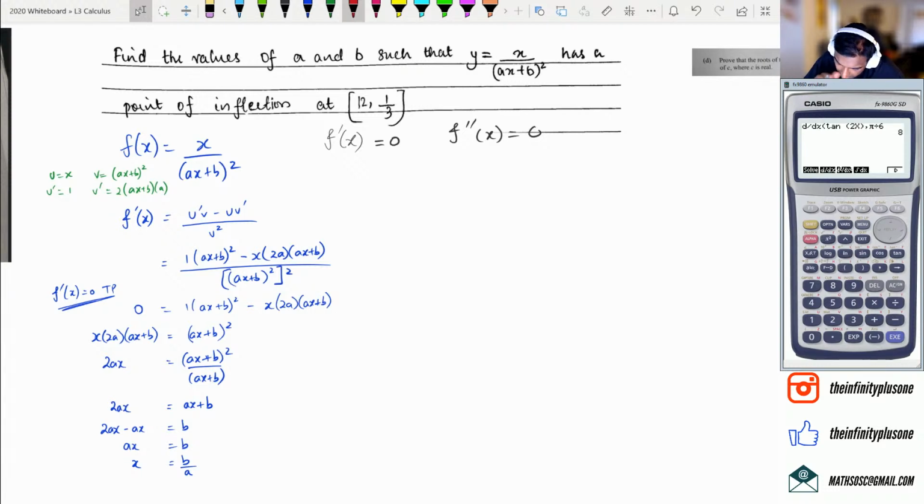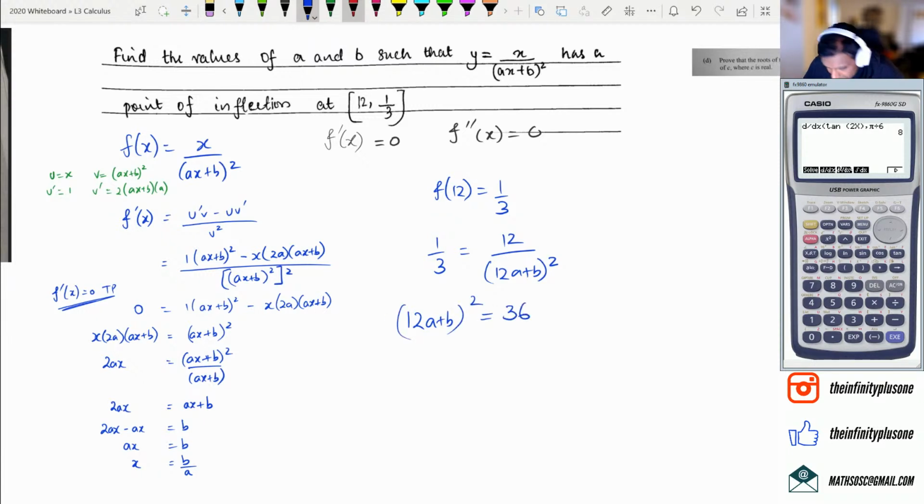No, I can't do that yet, because I know that f of 12 equals 1/3. So I can say 1/3 is equal to 12 over (12a plus b) squared, something like that. I could rearrange this and get (12a plus b) squared equals 36. And of course, that gives me another equation to work with.